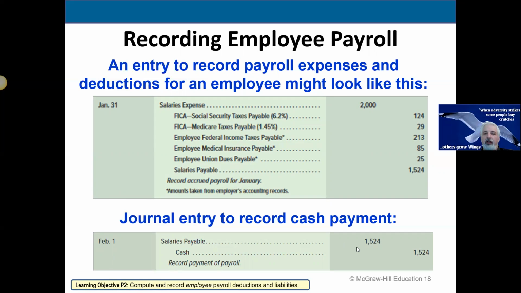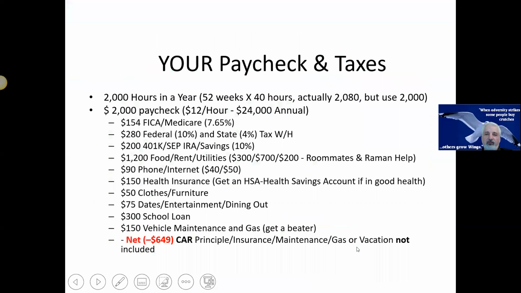I'm going to go through a $2,000 paycheck, and it's a scary scenario here. So look at our paycheck. Assume 52 weeks of 40 hours, that's roughly 2,000 hours in a year.